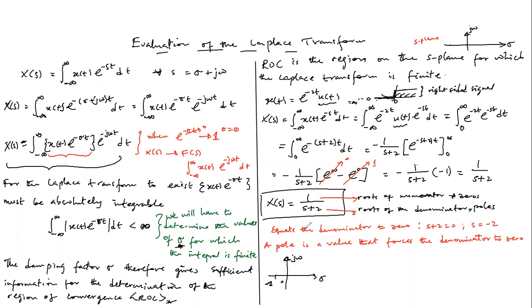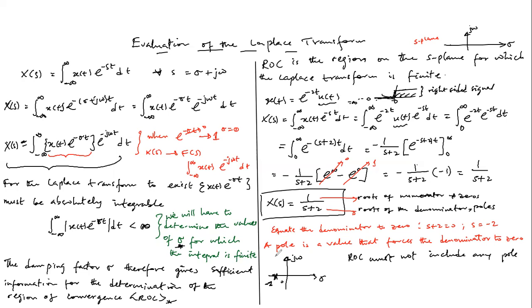But one thing to note is that the region of convergence must not include any pole, okay? Now we have a pole at s = -2.